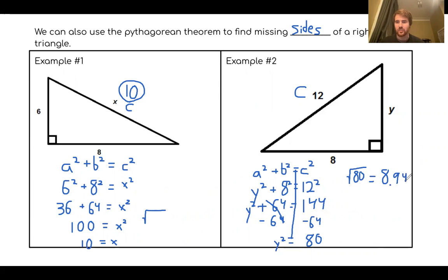I'll round it to the nearest hundredth, 2 decimal places. So that tells me that y equals 8.94, approximately. So this is how we can find the missing side of a right triangle if it's one of the legs. In this case, the hypotenuse we already knew. We had to find out the other leg.